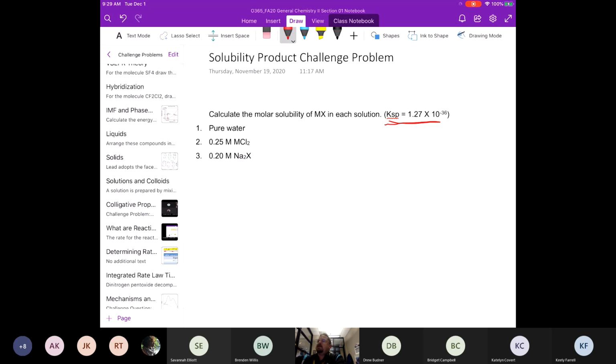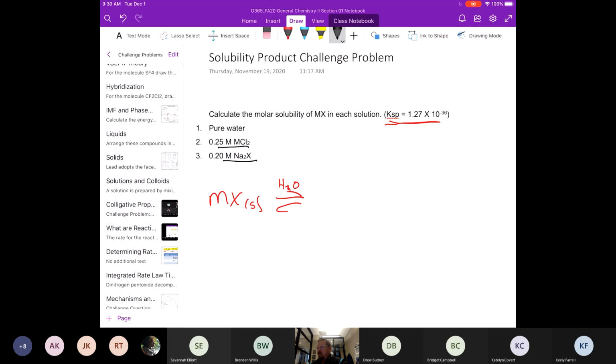So if we look at this compound here, we have MX, which is a solid. If we tried to dissolve it in water, the water is just there to help dissolve it. What 2 ions are we going to get? Well, we don't have any information here, but if we look up in these 2 areas, it will allow us to determine what the charge of the metal is and what the charge of the anion is.